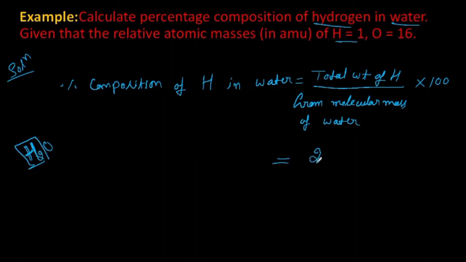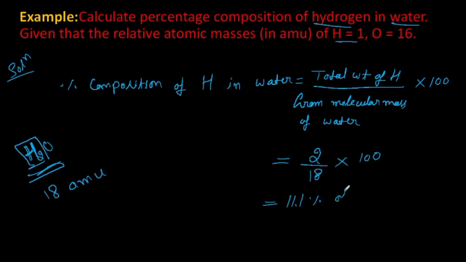Then 2 divided by gram molecular mass of water. Already we have found it. Gram molecular mass of the water is 18 AMU into 100. So on simplifying it, what we'll get? We will get 11.1%.